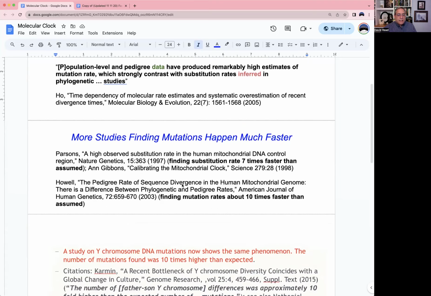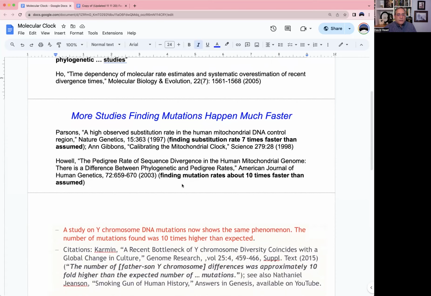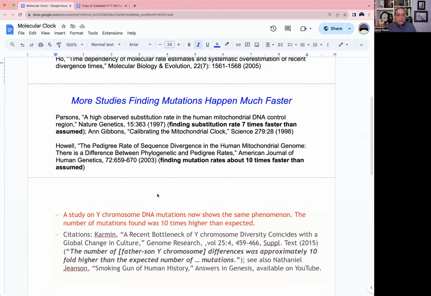The same thing has also been more recently found, not much more recent, but yeah, on the Y chromosome patrilineal side too. And this was another one. This was in 2015, where when you look in the supplemental text for it, the number of mutations found was 10 times higher than what has been assumed and used for DNA dating.